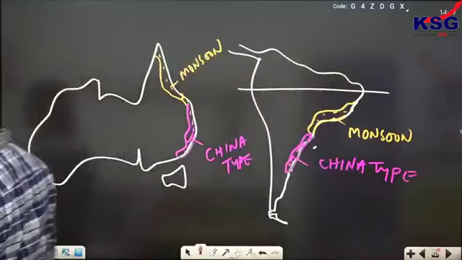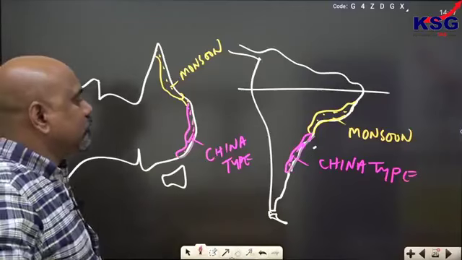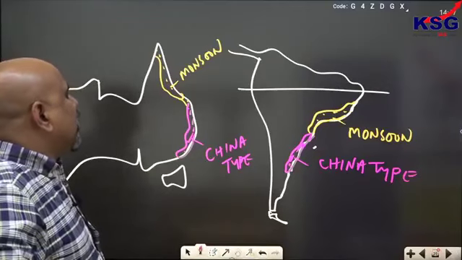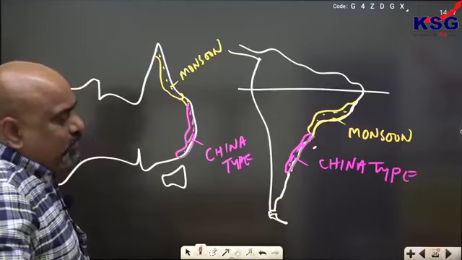In South America, I have China type of climate. In Australia, I have China type of climate.